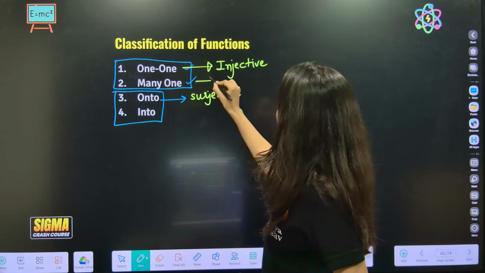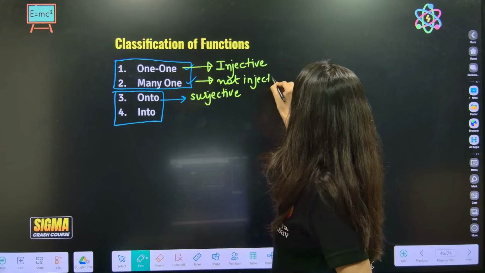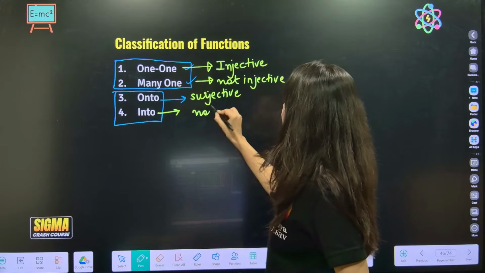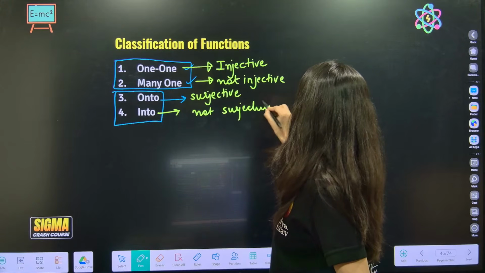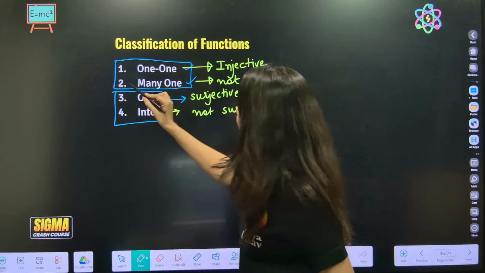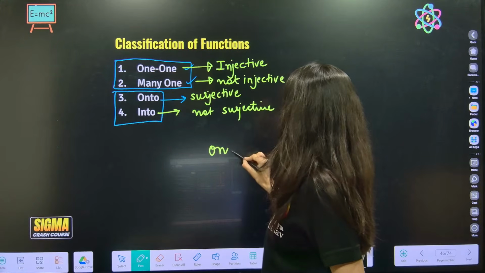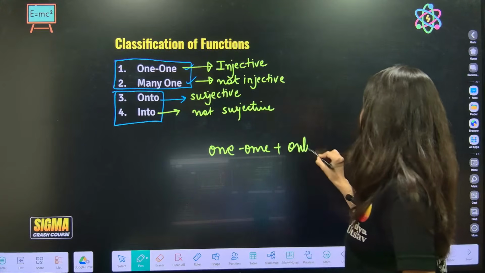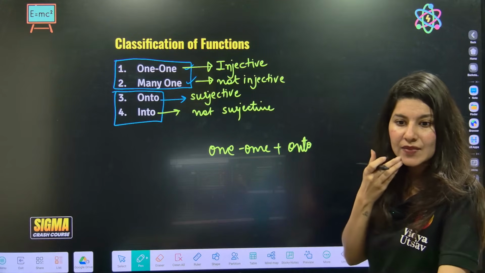And many-one function will be not injective, and into will be not surjective. A function which is one-one as well as onto is in the one-one plus onto category. Names are very important because they will give you those names.